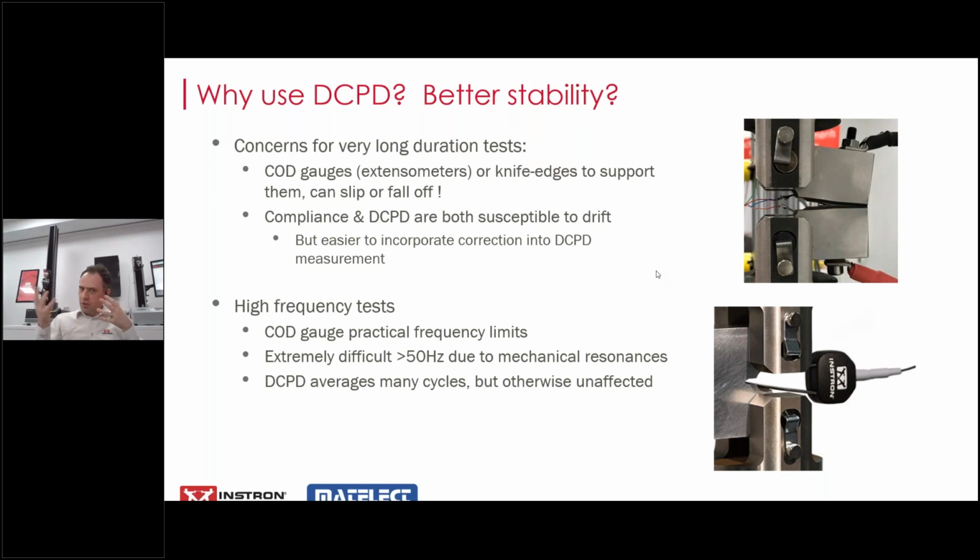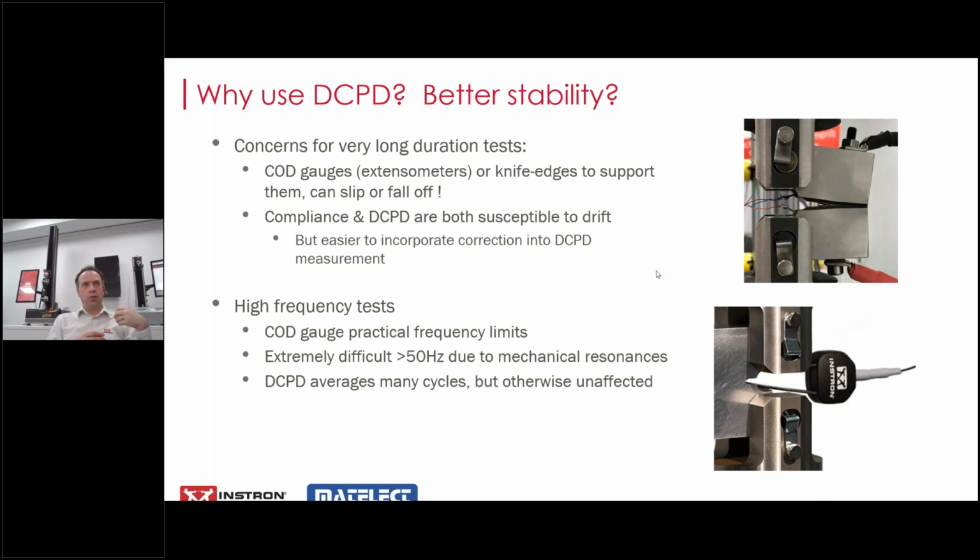Now, if you look at the environmental effects of changes in room temperature, both techniques can be susceptible to drift, but as Matthew sort of alluded to earlier, there are various ways that we can build in correction to the raw measurement in DCPD. The other aspect here, when I talk about stability, is we look at high frequency tests.